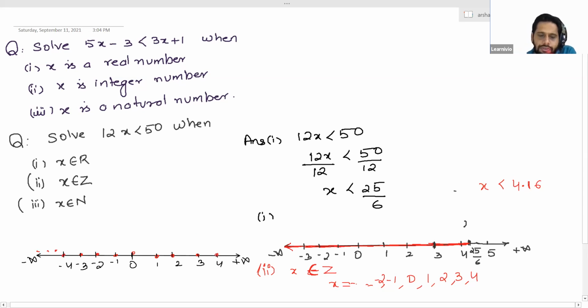We can represent this solution on the number line like this. Yes, sir, it's clear. Okay, Rishan, is this clear? Okay, very good.